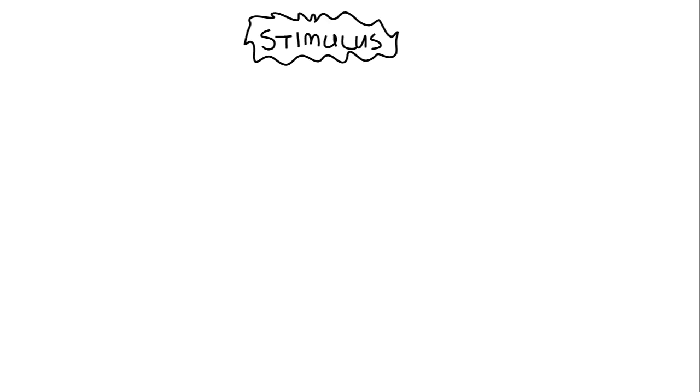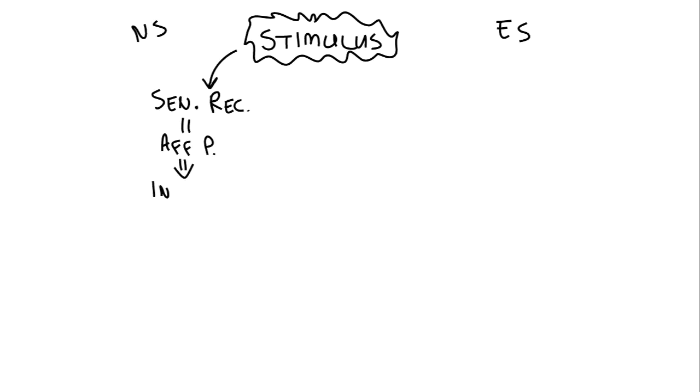So now I want to go back to that pathway we talked about in the very beginning. So we started off with the stimulus for the nervous system pathway. We'll do nervous system on this side and endocrine system on that side. So our stimulus was received by a sensory receptor and taken down the afferent pathway or sensory pathway to an integrator or the control center.